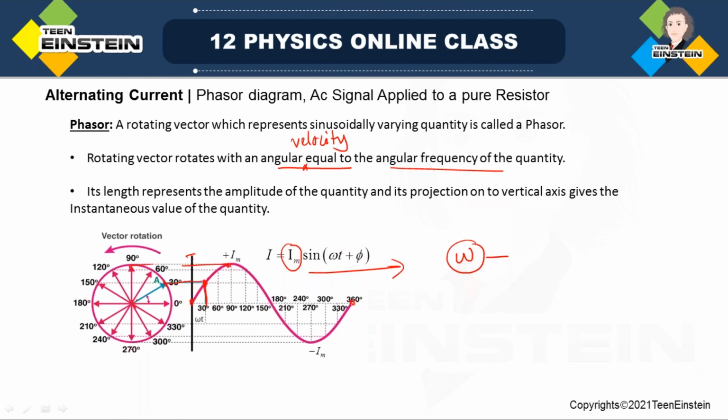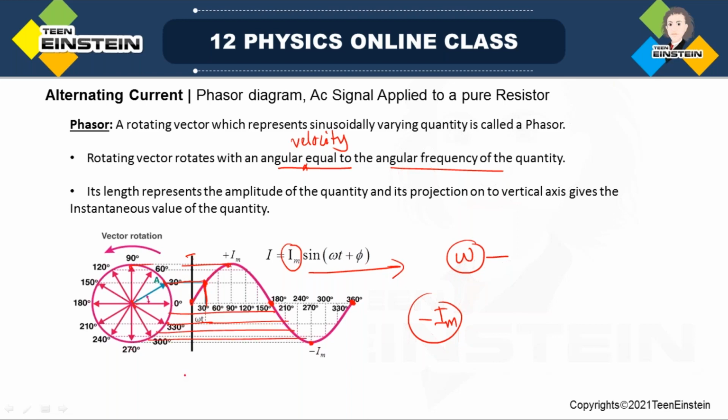360 degree again 0, but that 0 position is not the same. Here 360 degree, here 180 degree. Again at 270 degree, the sine curve has the minus maximum value, minus 1, so this will be minus Im. So this is how, at each instant, you can find out the value. Here no vector position is shown, but if I have one, I can get the point here also.